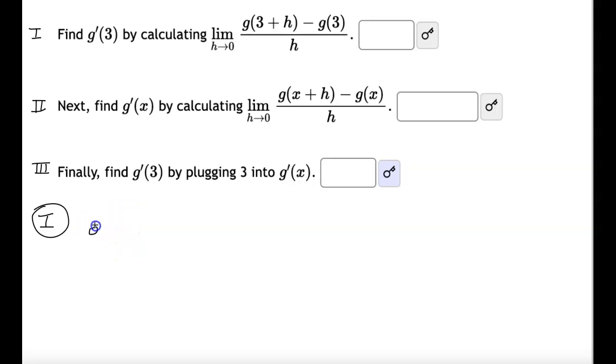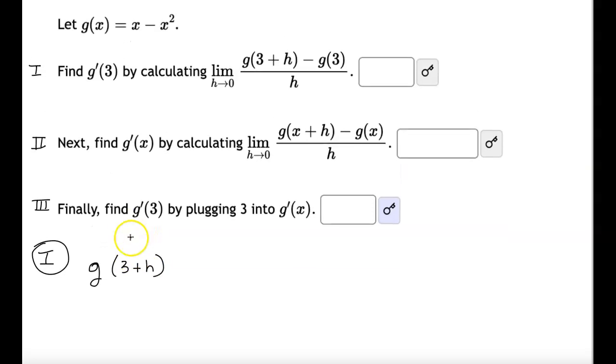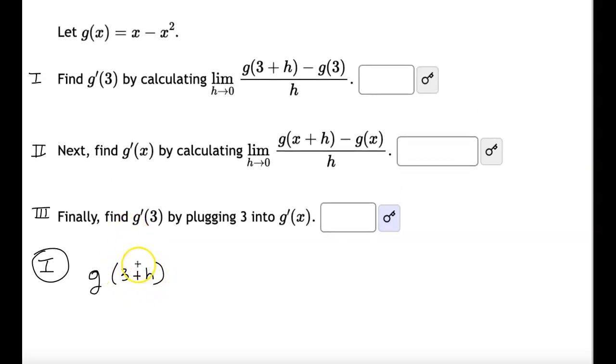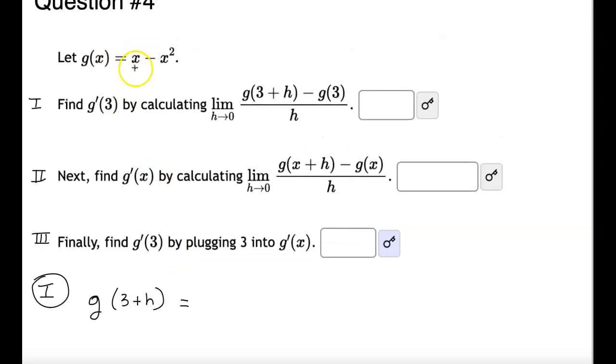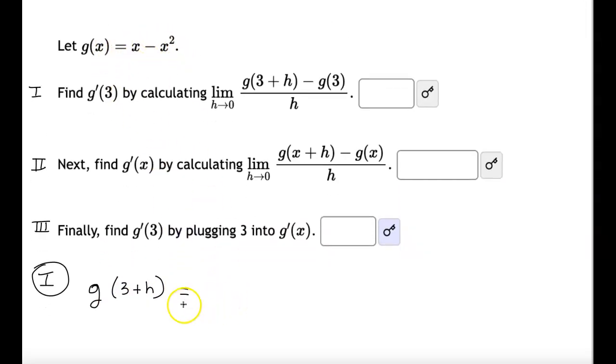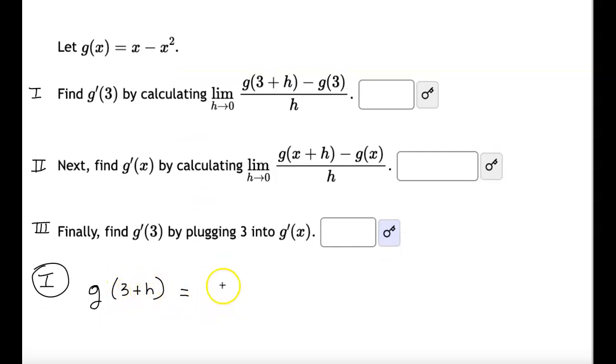So let's first do g of 3 plus h. Now what does that mean? That means we're substituting this quantity 3 plus h into the function, right? Wherever I see an x in the g function, I'm going to substitute in this 3 plus h. So that's going to be 3 plus h, that's the x part, minus the 3 plus h squared, okay?